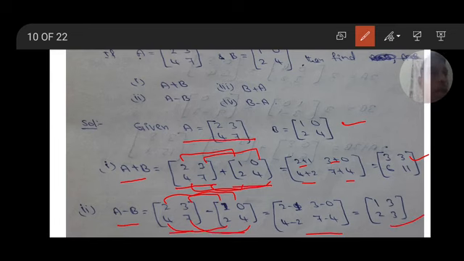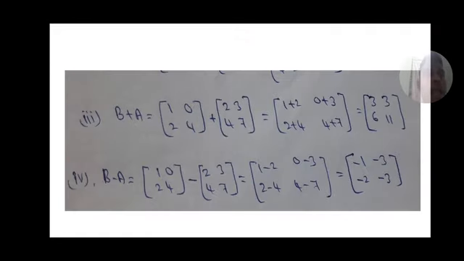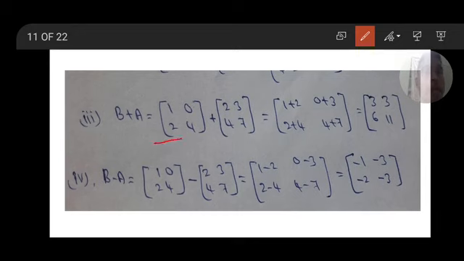Next, the third one, we have to find B plus A. First we write B, next A. B equals 1, 0, 2, 4 and A equals 2, 3, 4, 7. Corresponding elements addition: 1 plus 2 is 3, 0 plus 3 is 3, 2 plus 4 is 6, 4 plus 7 is 11.